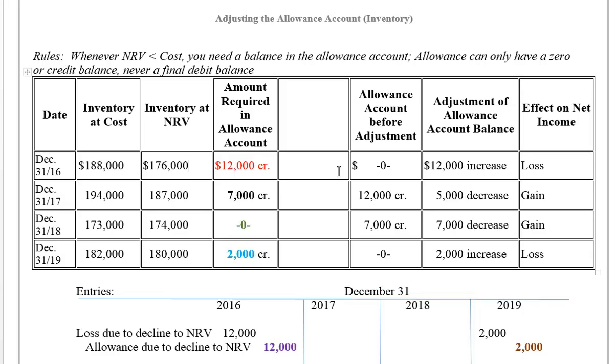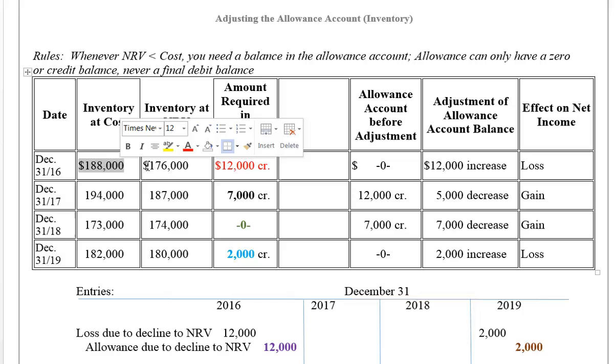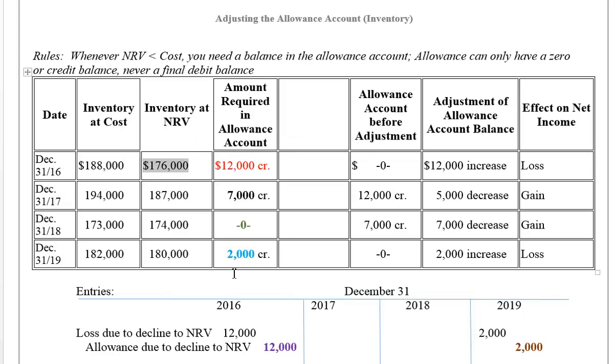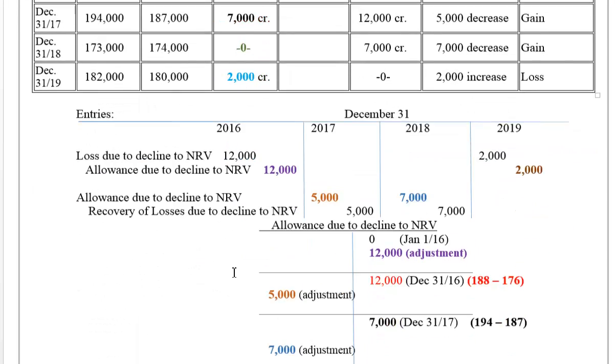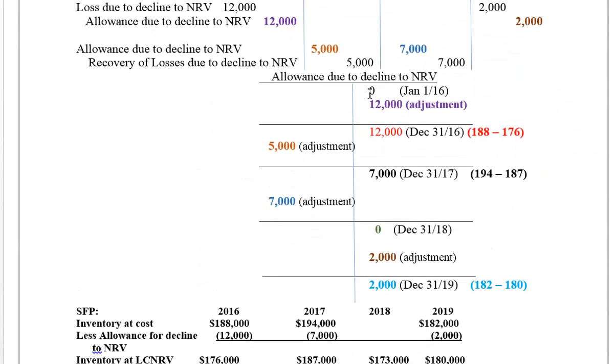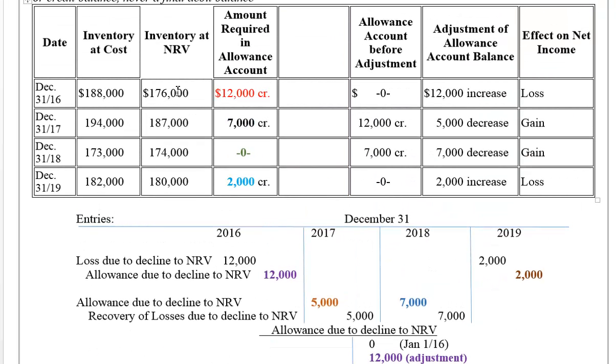So in this case, we're going to need to have $12,000 in the allowance because it's sitting at cost and we want it to sit $12,000 lower at net realizable value. Right now, we have a zero balance in the allowance. We need to have a $12,000 balance. That's what these numbers are telling us.